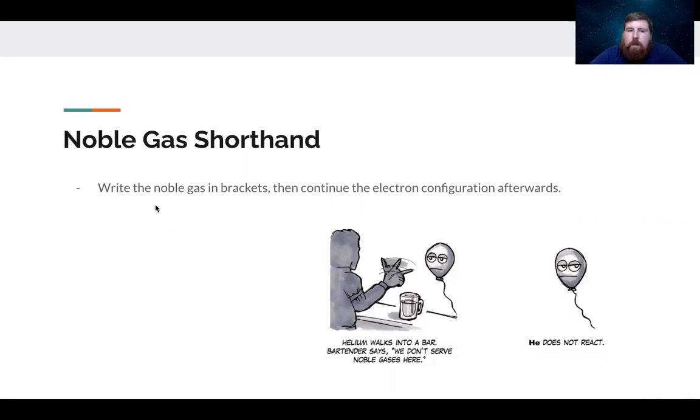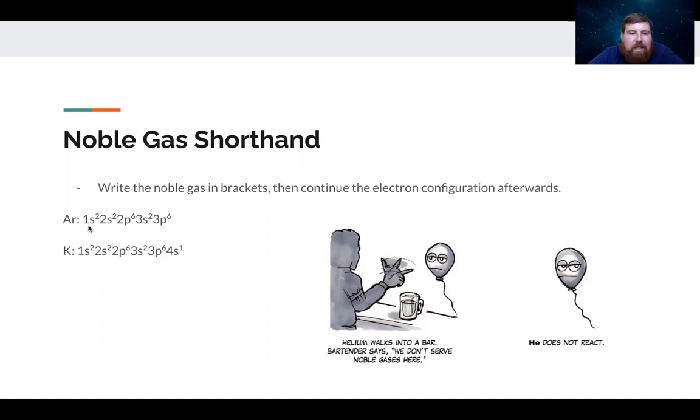So what we're going to do for this is write the noble gas in brackets, then continue the electron configuration afterwards. Let me show you why this works. If we're looking at argon and potassium, argon is the element right before potassium on the periodic table.